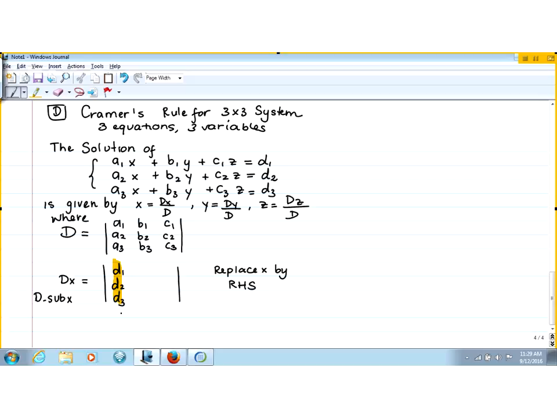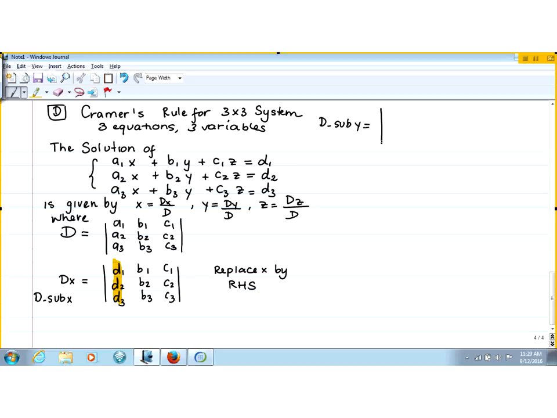But this time it's x that is being replaced. The other ones, which is the y and the z, I'm just going to copy: B1, B2, B3, C1, C2, C3. All right.